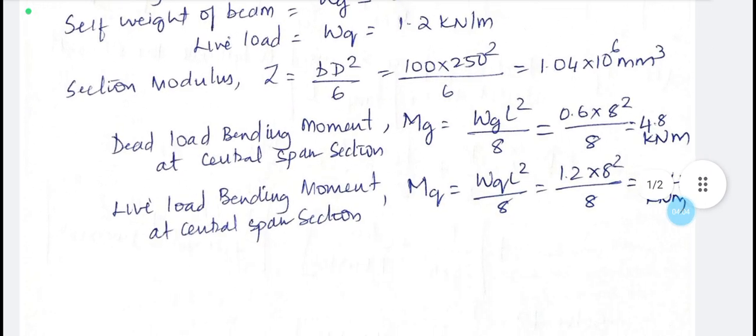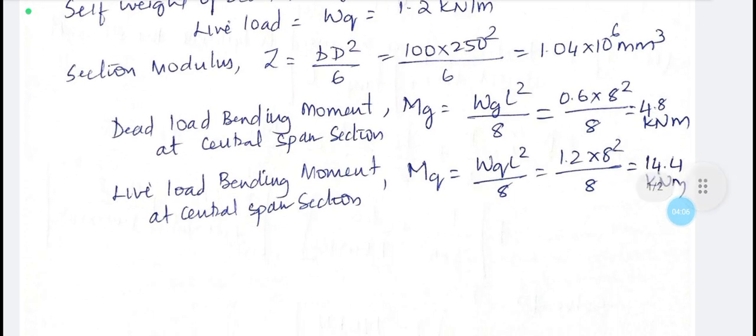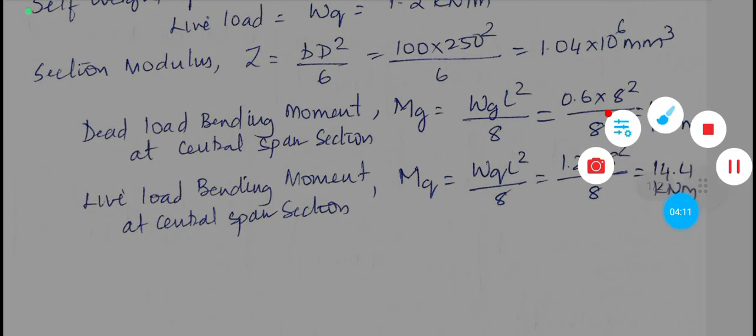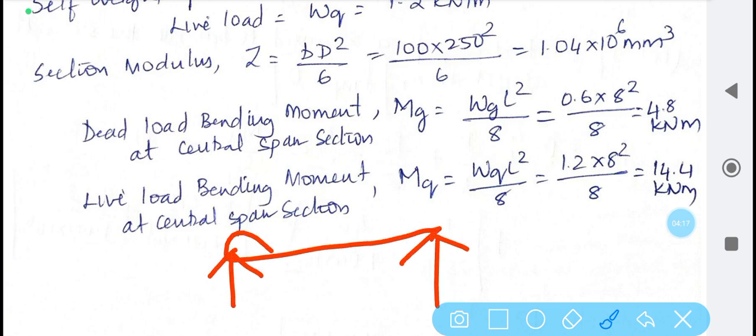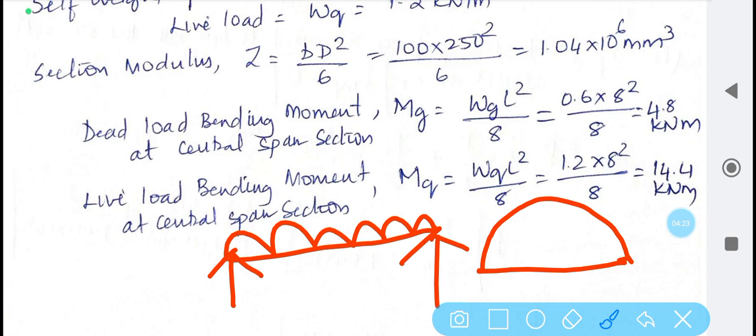And next, the dead load bending moment at the central span section. As all of us know, the bending moment expression for a simply supported beam carrying UDL throughout the length is given by, this is the bending moment profile, and the bending moment at the central span is given by WL square by 8, and it is the same for both dead load as well as live load.